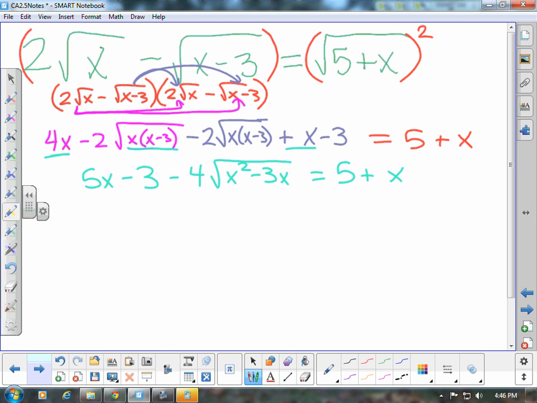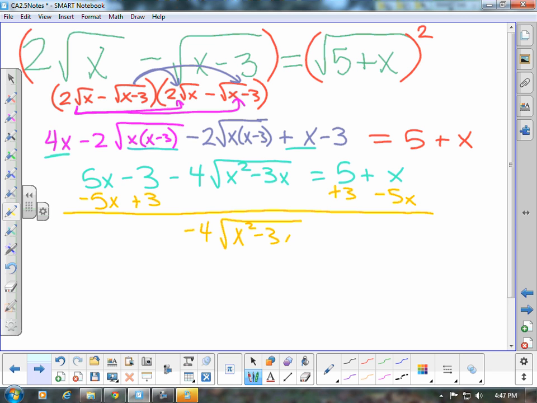And so then we would have to move these things to the other side because we need to isolate the square root again. So we have to subtract 5x and add 3. And so then you would have a negative 4 times the square root of x squared minus 3x equals 8 minus 4x.